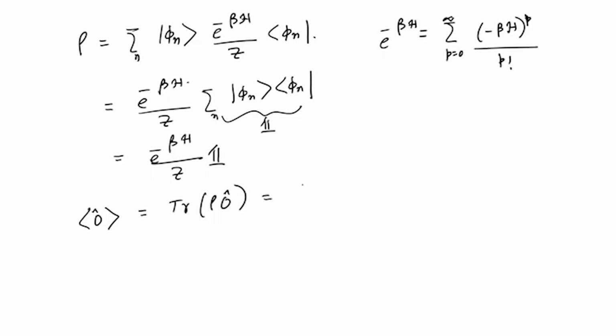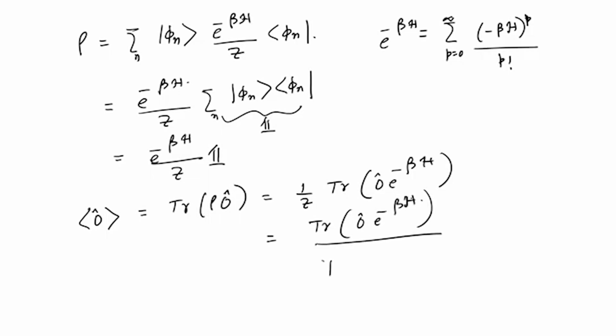And this is equal to 1 by Z trace of O exponential minus beta H, which is nothing but trace of O exponential minus beta H divided by trace of exponential minus beta H. Okay. So, that is the form for the expectation value of the operator in the canonical ensemble.